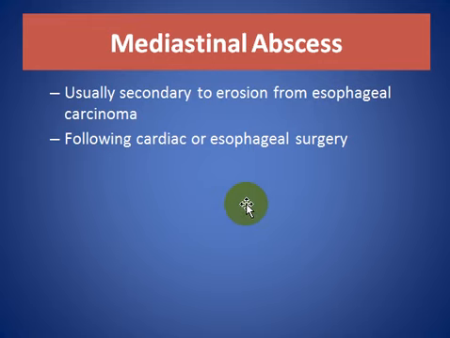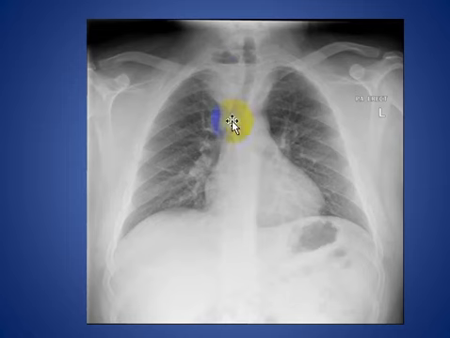Mediastinal abscess is usually secondary to erosion from the esophageal carcinoma or following cardiac or esophageal surgery. As we see here, there is mass with air fluid level in the superior mediastinum due to abscess. Other differential diagnosis are to exclude Zenker diverticulum.